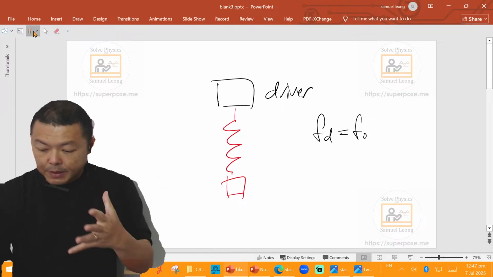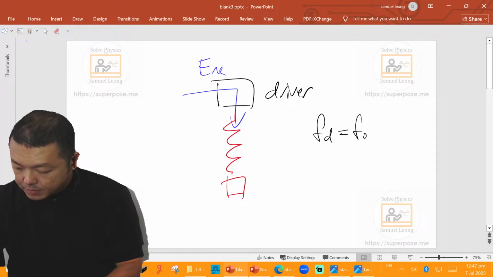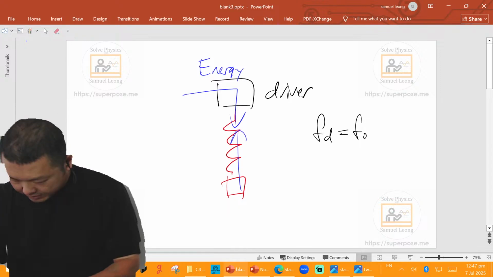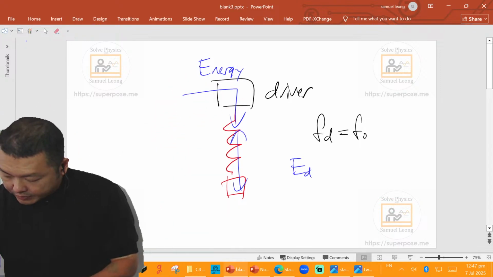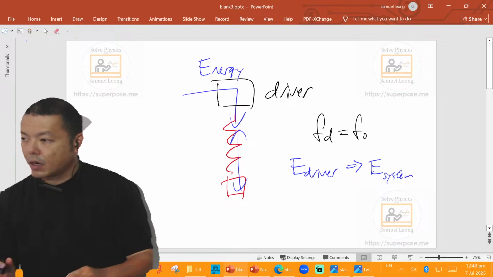In terms of energy, energy is being transferred from the driver to the oscillating system, correct?